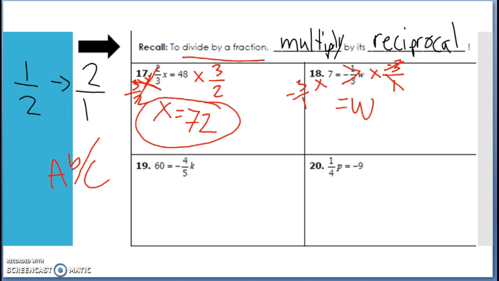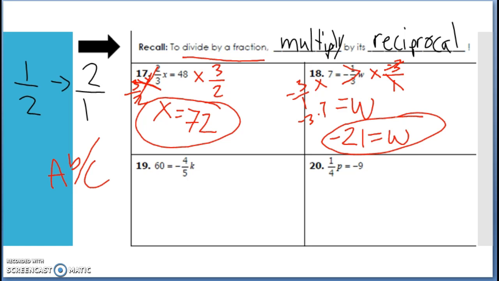So if I multiply both sides by negative 3/1, well, 7 times negative 3/1 is the same thing as negative 3 times 7. And negative 3 times 7 is negative 21. So w equals negative 21. So dividing fractions, or multiplying by the reciprocal, is much, much quicker.